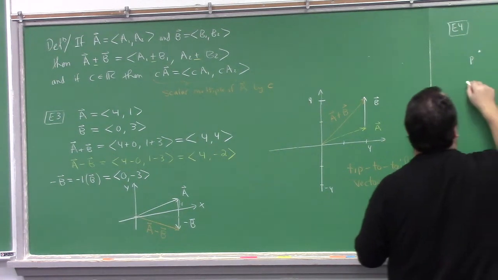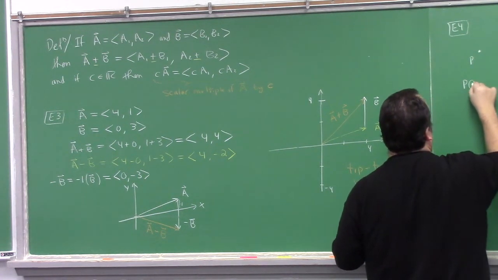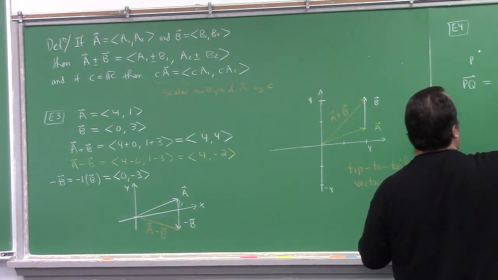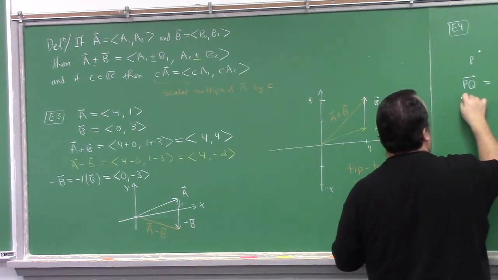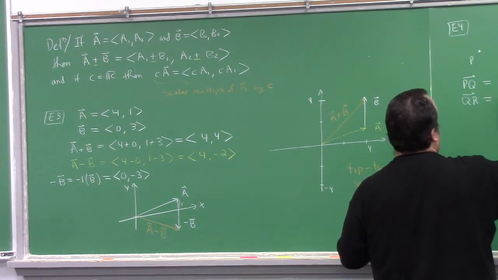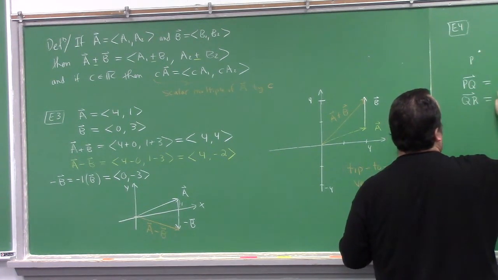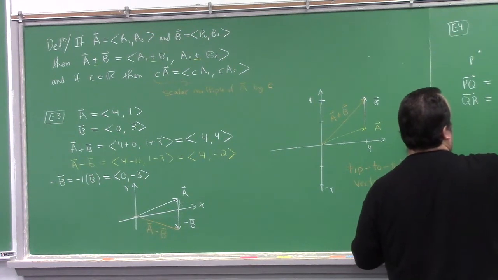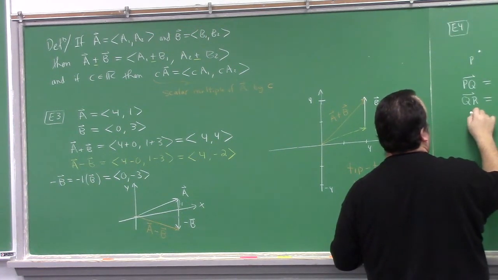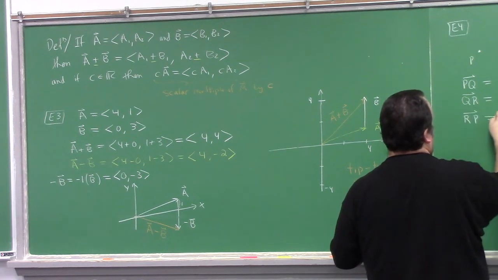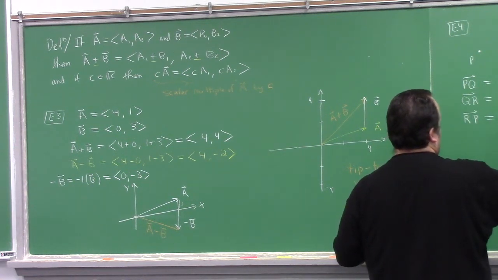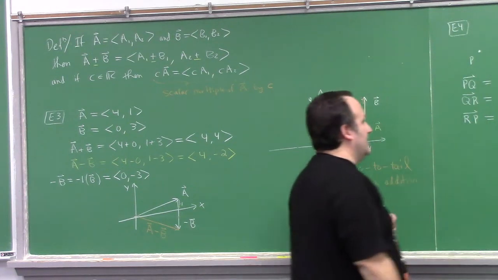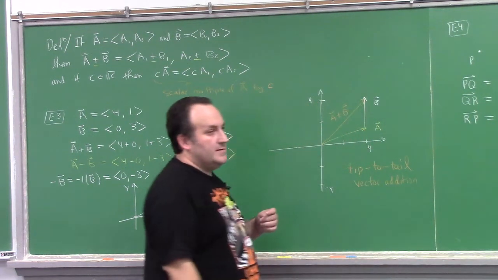Then PQ is Q minus P, QR is R minus Q, and RP is P minus R. So this notation you may or may not have seen in high school geometry.